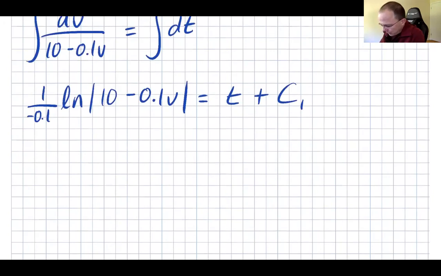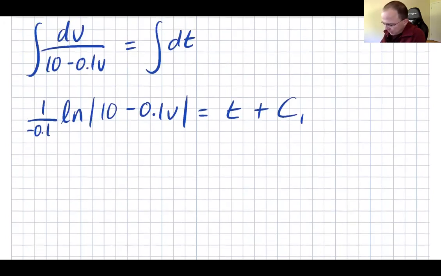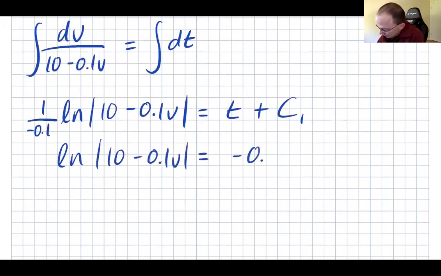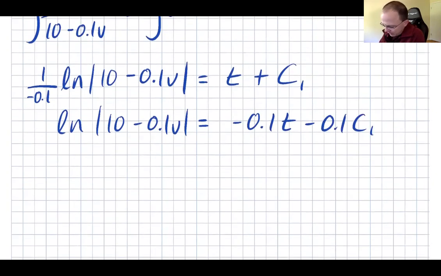So now let's multiply both sides by negative 0.1. That'll also be negative 0.1 times c1. And we'll take the exponential of both sides.